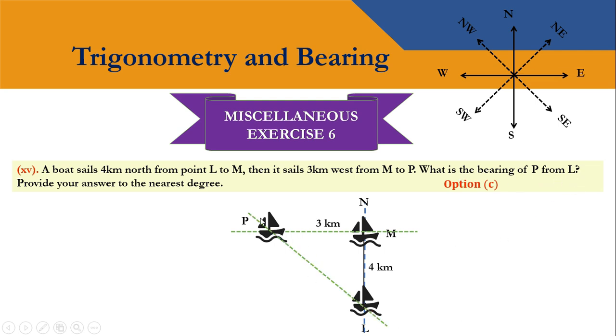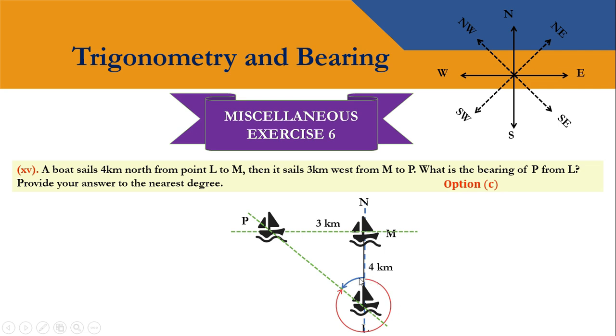Now first we will construct a line joining P and L together. To find the bearing of P from L, we need this angle. To calculate this angle, we first need the internal angle of this triangle. As you can see, these two angles combine and form a complete circle.